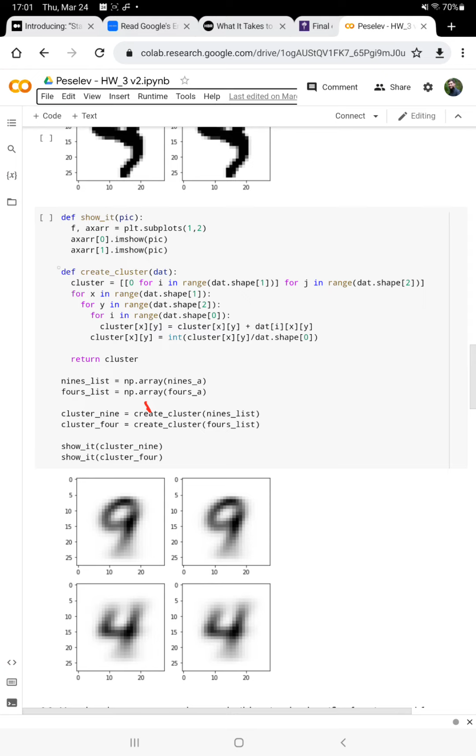And so then I did the create cluster function. First of all, I create the cluster variable, and I put all zeros. I know that this thing will be 28 by 28.